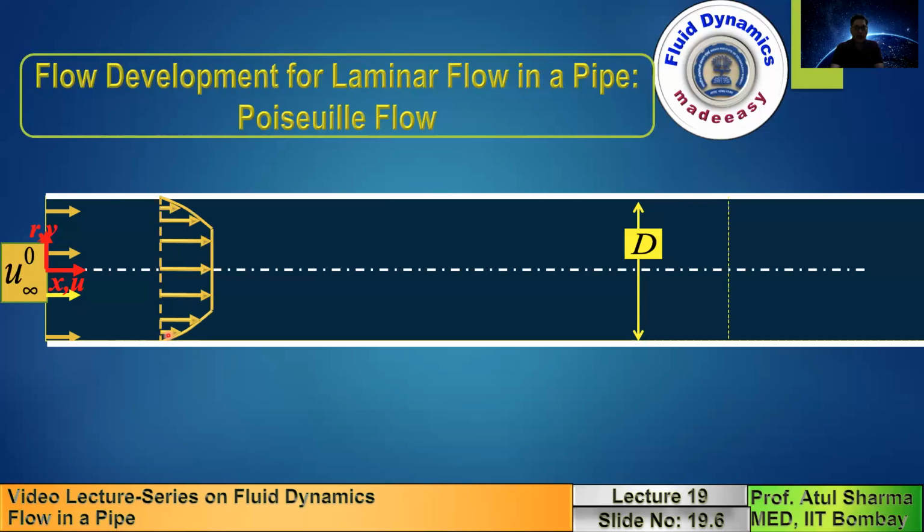And this is the actual velocity profile which is observed at an axial location, which is shown here. If you go to a downstream axial location, it is found that the height up to which the effect of the wall is penetrated, or the velocity gradient, you can see this represents del u by del r. Here you can see that the velocity gradient del u by del r is non-zero up to this height, and you have an inner radius where in this region you have a constant velocity, and near the wall again you have a velocity gradient.